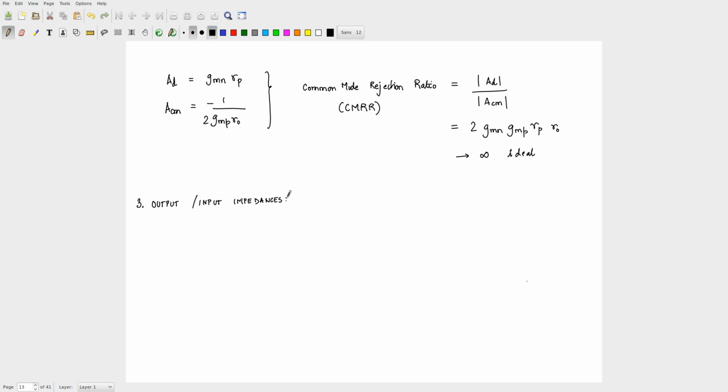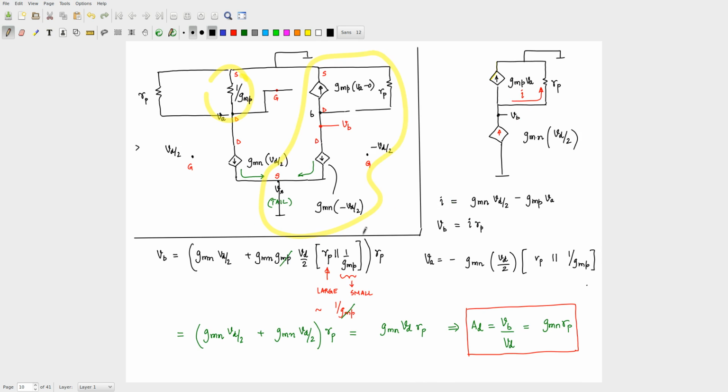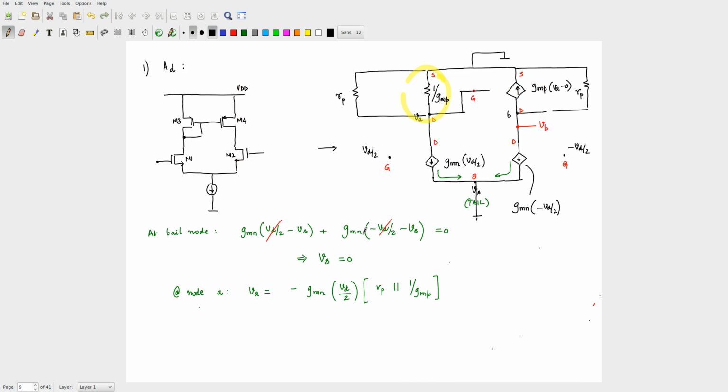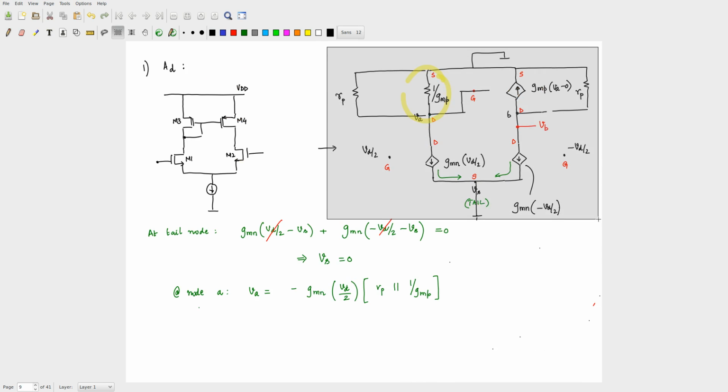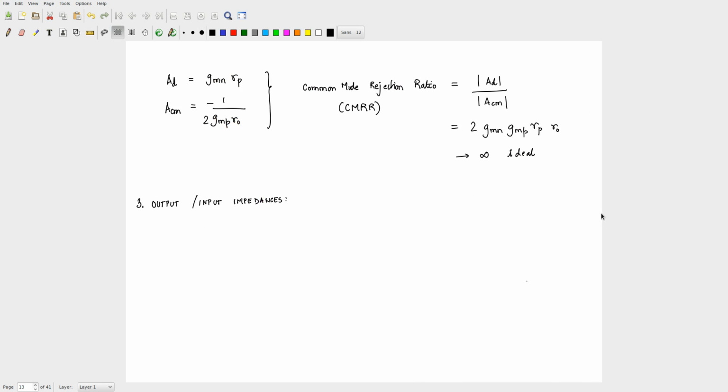So again, for which circuit do you think I should do this? As you see, the common mode signal is actually attenuated significantly. So I should only worry about the differential mode circuit. So let's go back to the differential mode circuit and look at the incremental input impedance and the incremental output impedance.